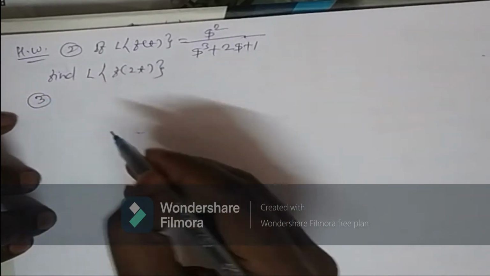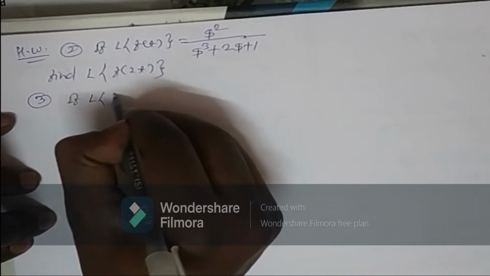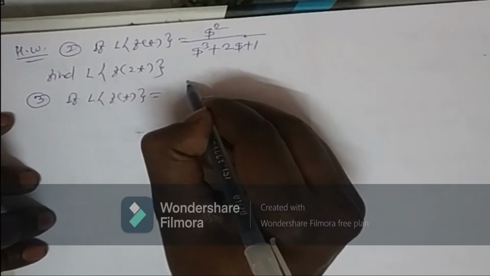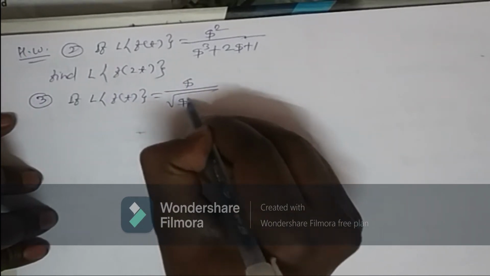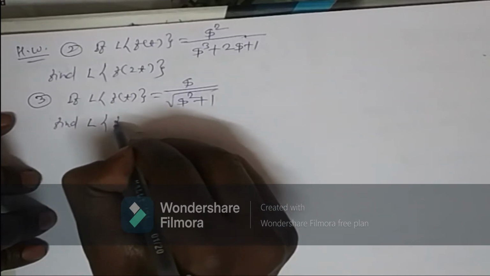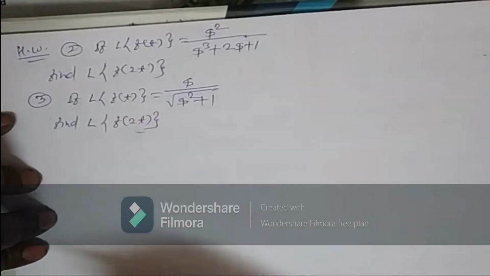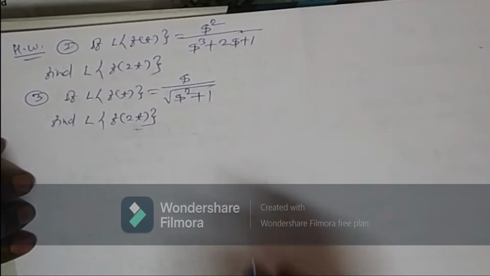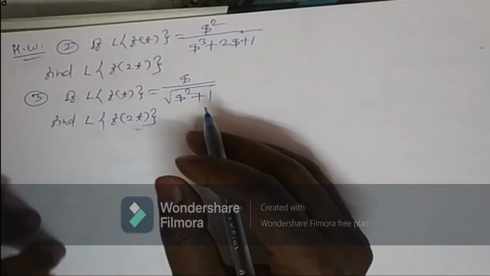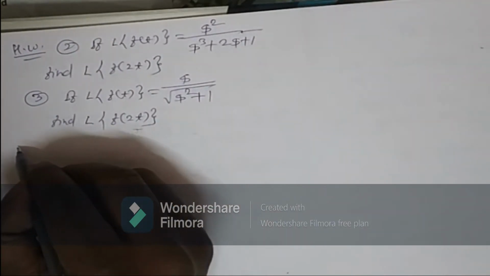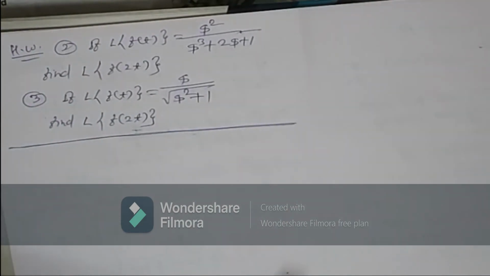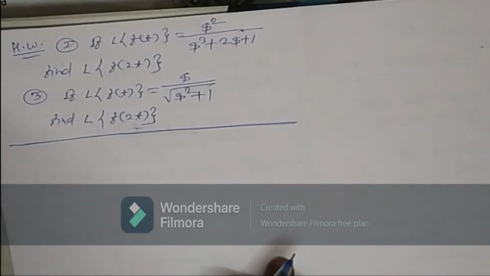And one more example: if the Laplace transform of f(t) is equal to s upon under root s square plus 1, find the Laplace transform of f(2t). These are very simple examples; just by seeing example number 1, you can solve them. I hope you understand the change of scale property.